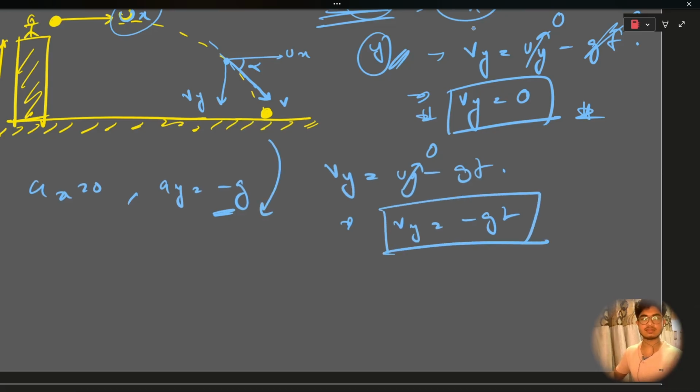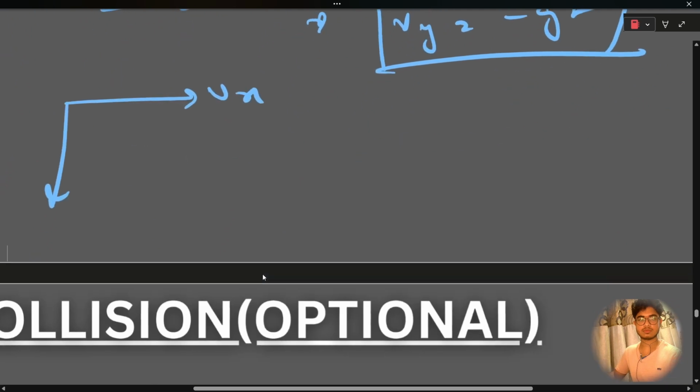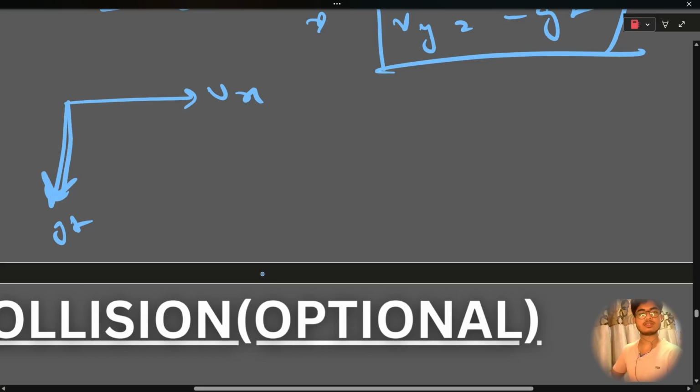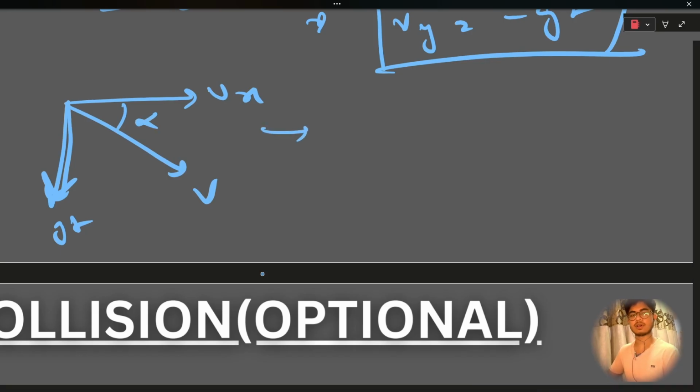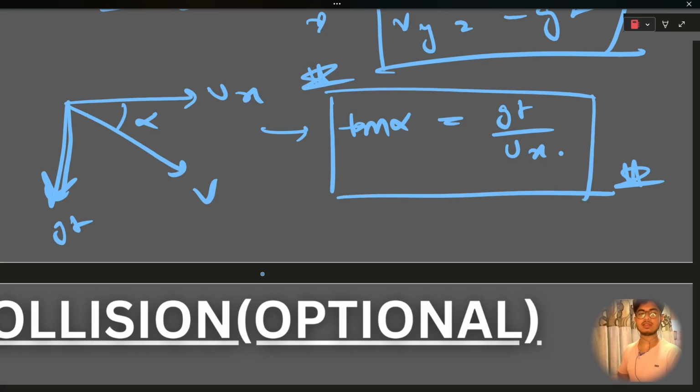So we can write this as Ux and gt; because of the direction we can omit the minus sign, since we're already considering the direction as downwards. So just write tan alpha equal to gt by Ux. It's the same thing, just one component is omitted here. That's it.